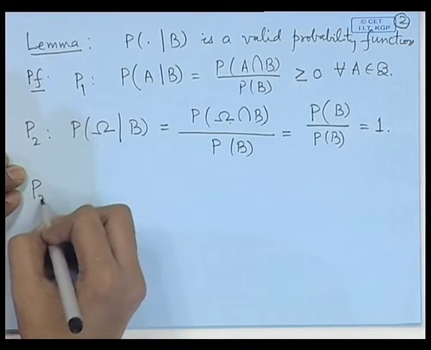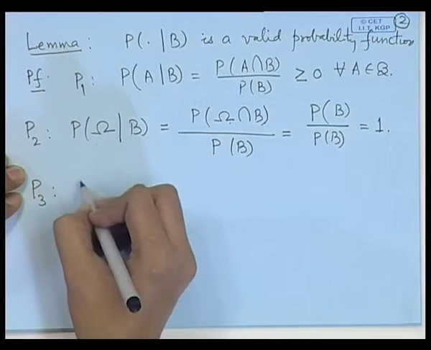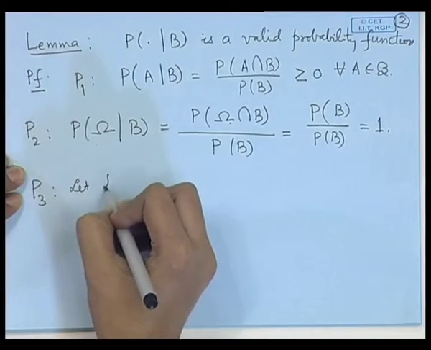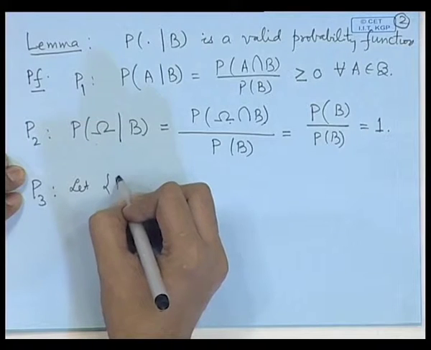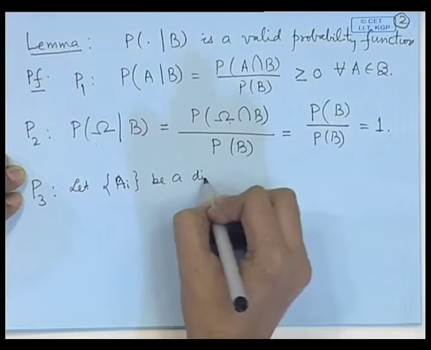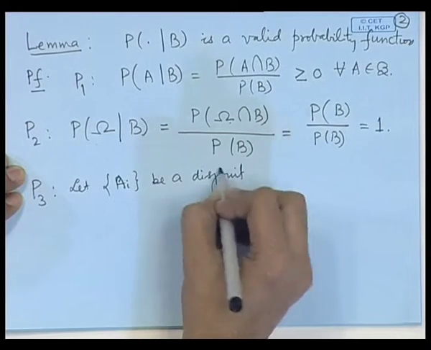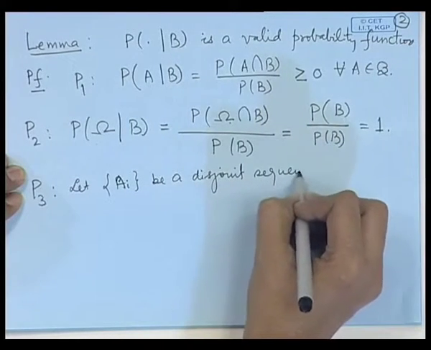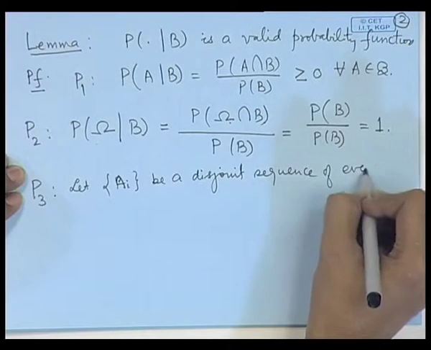The third axiom is the countable additivity axiom. So let us consider A_i to be a disjoint sequence of events.